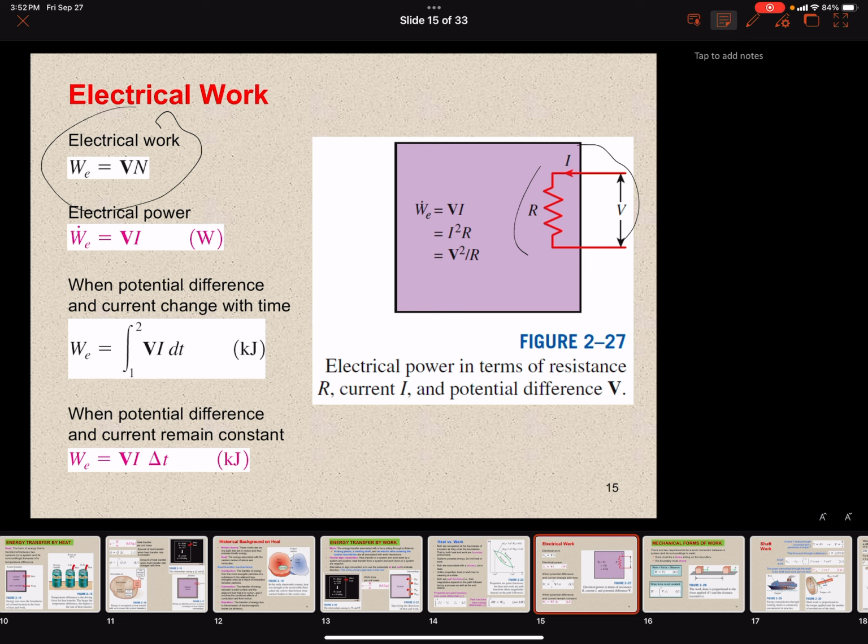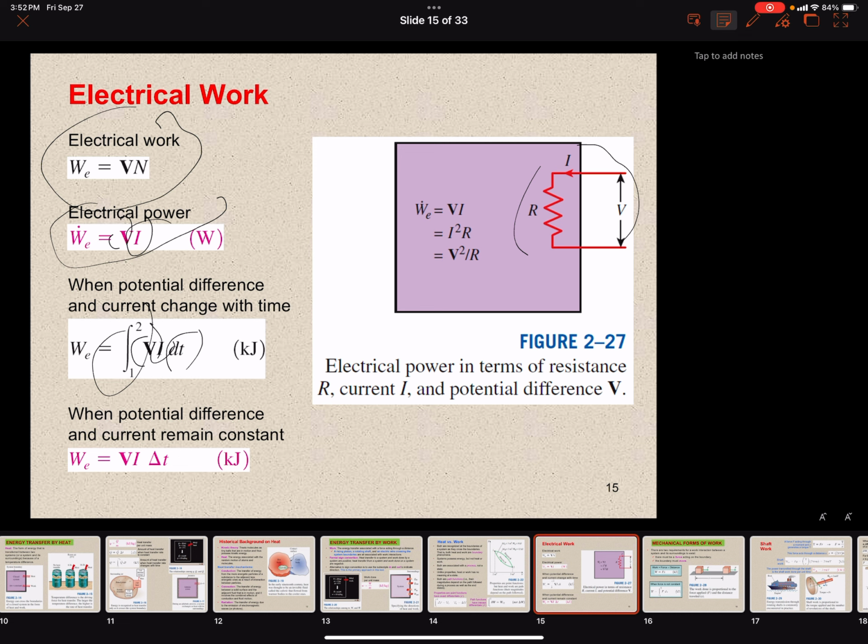And if you want to find the electrical power, you multiply the voltage by the current. When potential difference and current change with time, you have to find the integration of the voltage multiplied by the current and delta t.